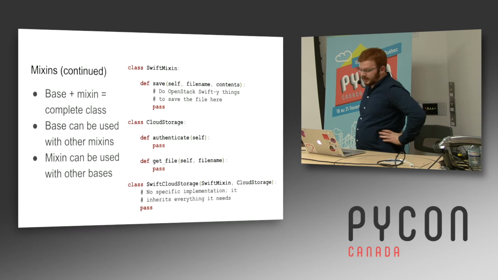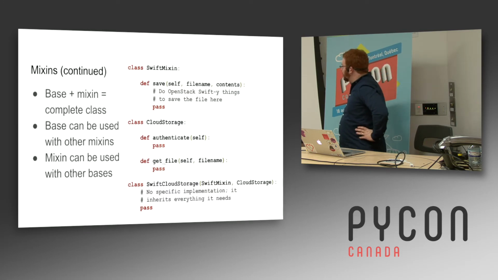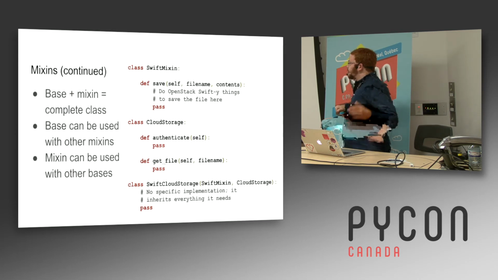So as you can see in this example, we take the base cloud storage class and the Swift Mixin, and we compose them together into the Swift cloud storage class that inherits both from Swift Mixin and from cloud storage.